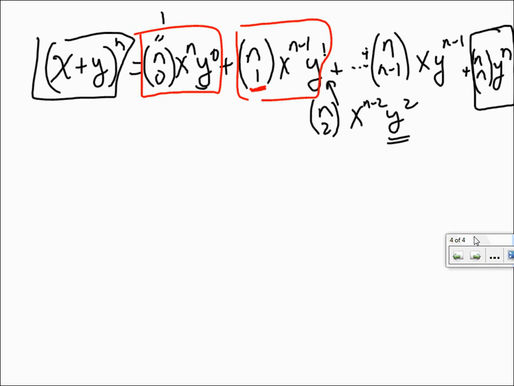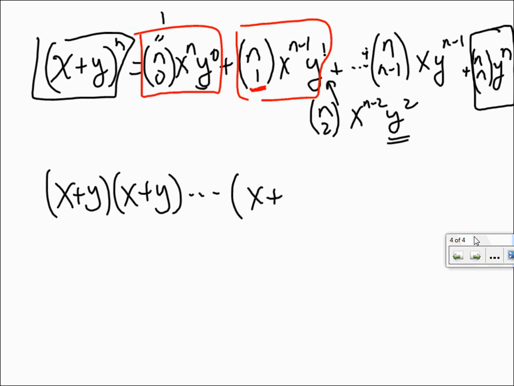Why n choose n? The answer is kind of obvious, because you only want to get y's. And since there are n terms, and you're going to pick y from each of them, you're going to pick n y's. You multiply y times y times y times y times y, finally times y.